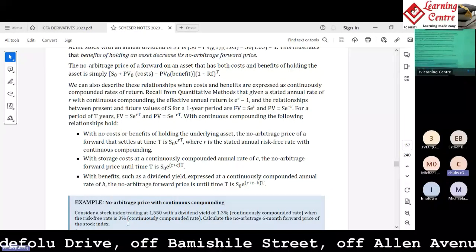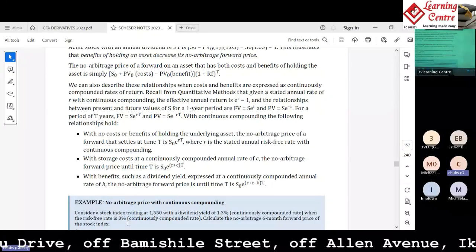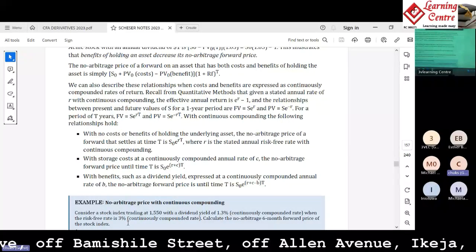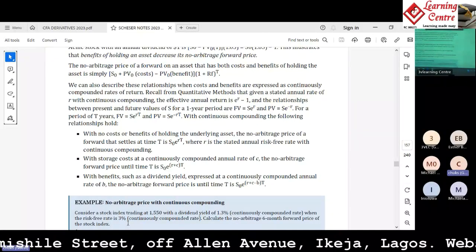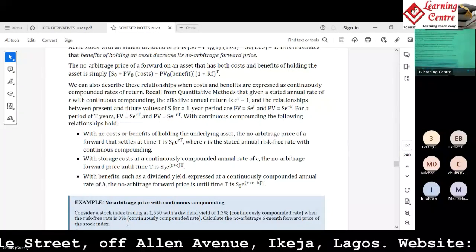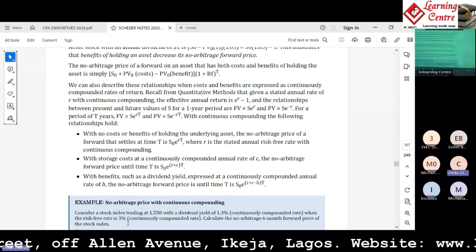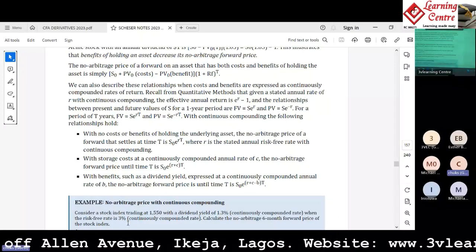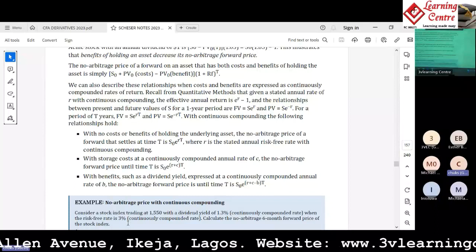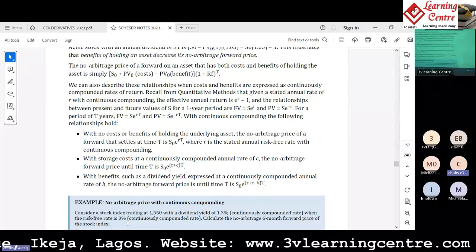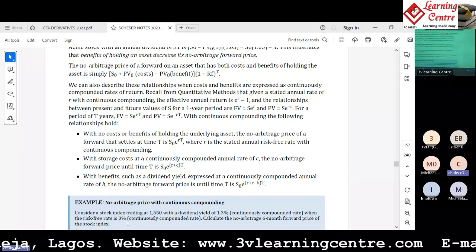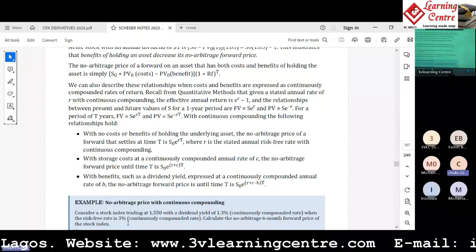What you just need to do is pick your stock, which is 1550, multiplied by open bracket 1.03, which is 1 plus 3%, raised to power 0.5. You will get 1573.07 or something.